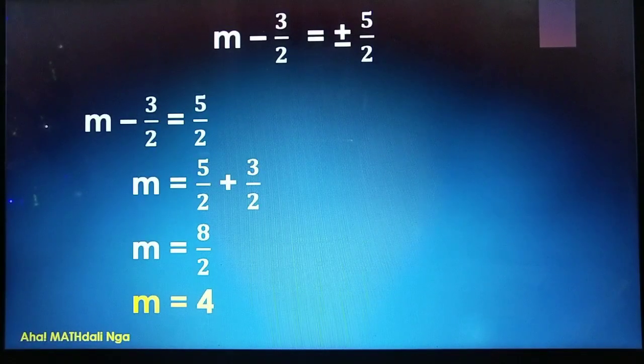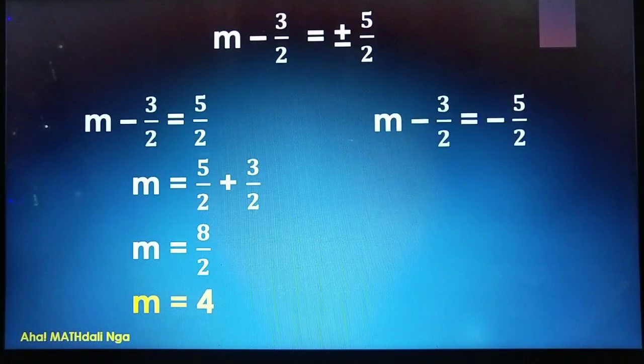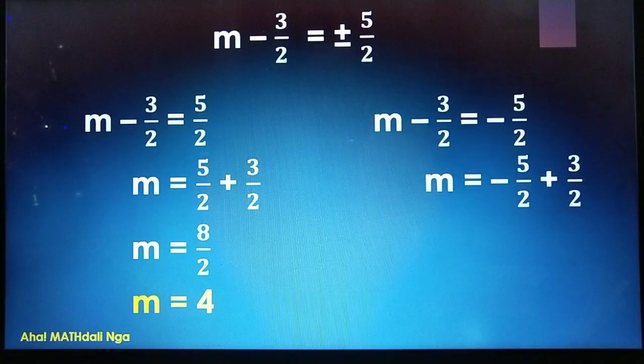What is the other value if we have to use negative 5 over 2? We have m minus 3 over 2 equals negative 5 over 2. m is equal to negative 5 over 2 plus 3 over 2. Let's simplify.